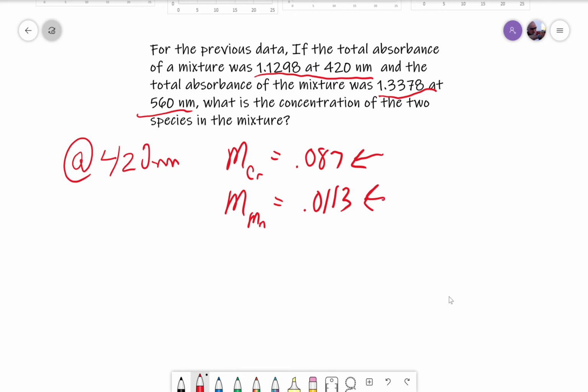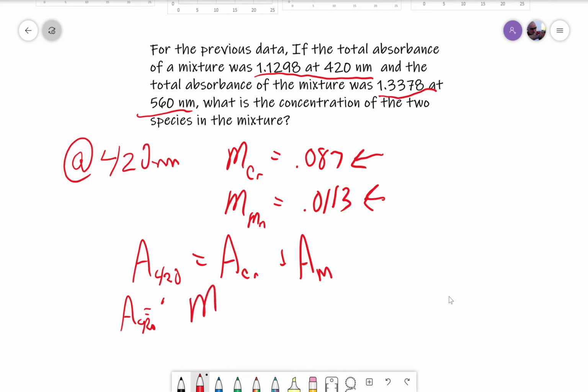That means that the total absorbance at 420 is going to be the absorbance of the chromium plus the absorbance of the permanganate, or the total absorbance at 420 is going to be the slope, molar absorptivity times path length, the slope of the chromium times the concentration of the chromium, which I'll just note as C, plus the slope of the manganese times the concentration of the manganese.